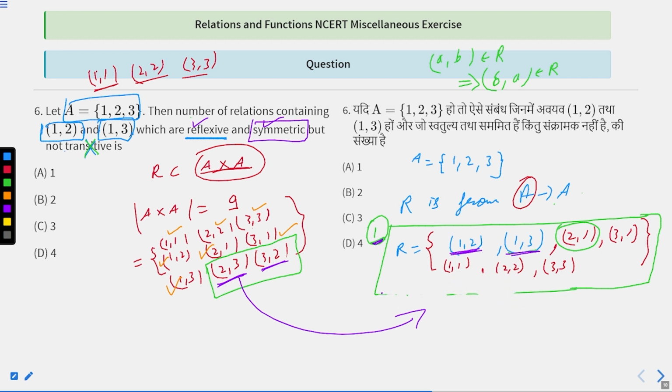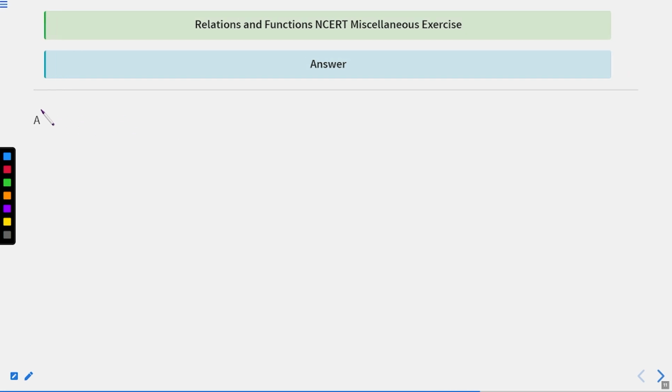The only possible relation I can make is this one. So the number of relations containing this pair and this pair, which are reflexive as well as symmetric, will be just one relation. I hope that it is quite clear to you. So the answer is option A, 1.